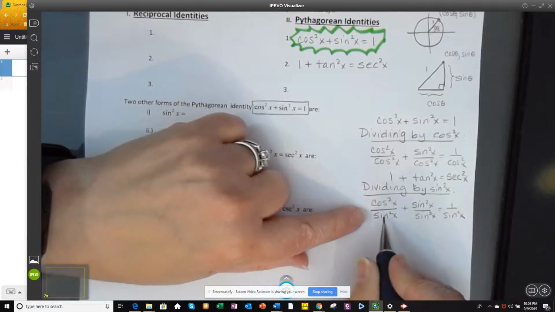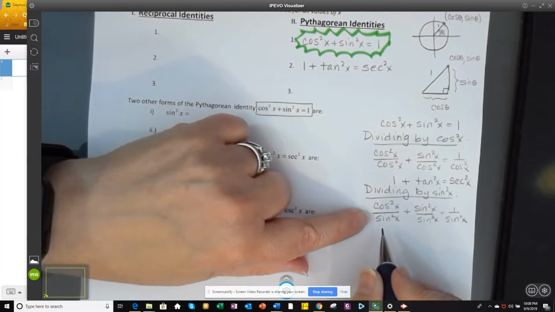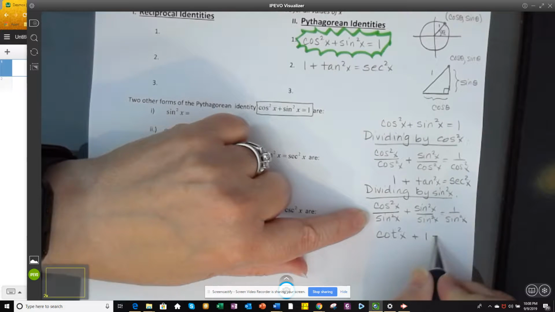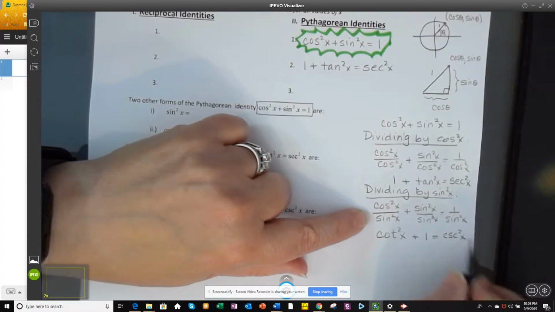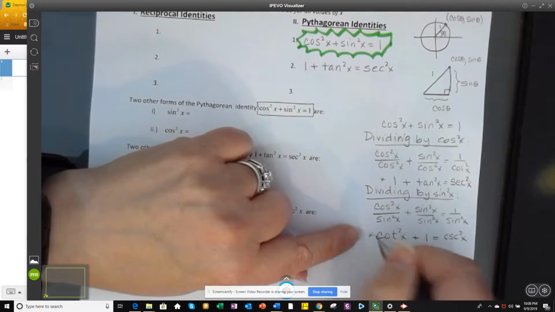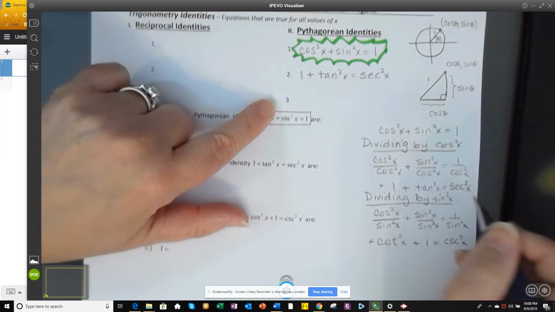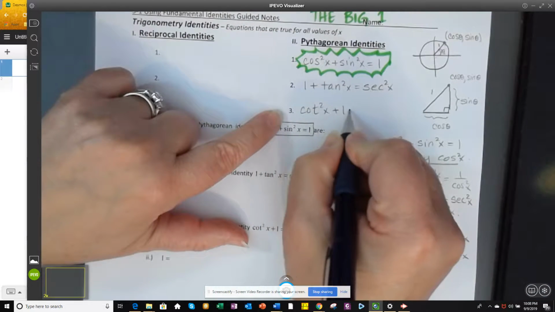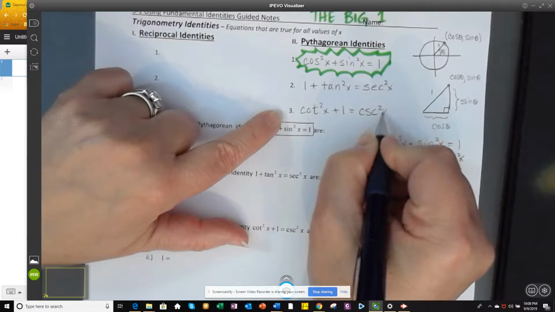All right, well, cosine over sine is not tangent, it's cotangent. So this would be cotangent squared x plus sine squared over sine squared, which is 1, equals, well, 1 over sine squared is going to be cosecant squared x. And this is the third Pythagorean identity, which would be cotangent squared x plus 1 equals cosecant squared x.